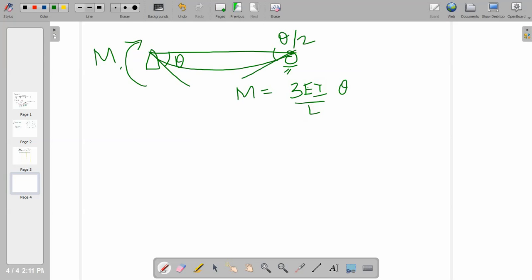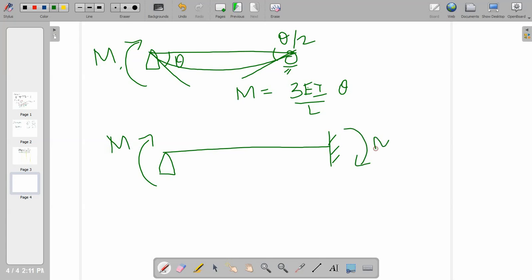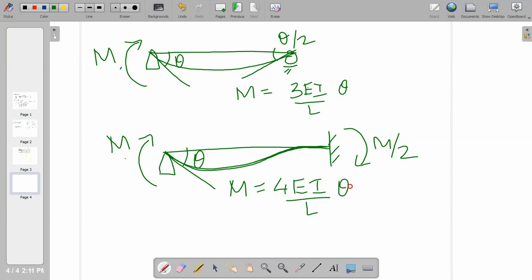On this side you will get half of this theta, so you will get theta over 2. Similarly, when you have a propped cantilever and you apply moment M, half of this moment is carried over to the support. So if I apply M here, I will get M by 2 here. Of course there is no rotation because it's fixed, and the angle theta that I get here is related to M by M equals 4 EI by L theta.